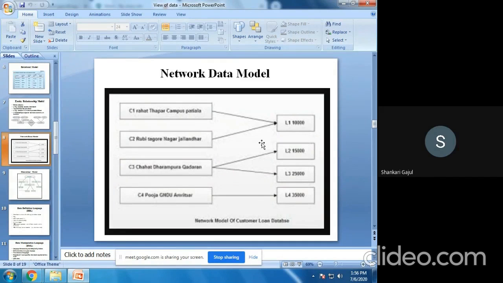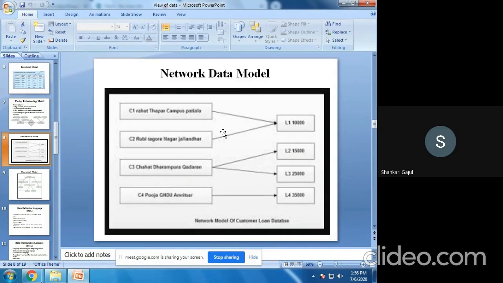A link is associated with two particular records. This is my one record and this is my other record. So this is one example of the network data model.